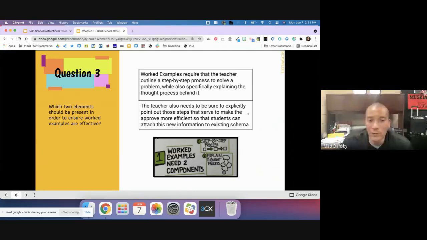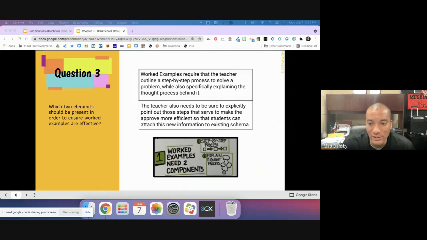So the third question was, which 2 elements should be present in order to ensure worked examples are effective? They require 2 things. One, the teacher outlines a step-by-step process to solve the problem, while specifically explaining the thought process behind it.